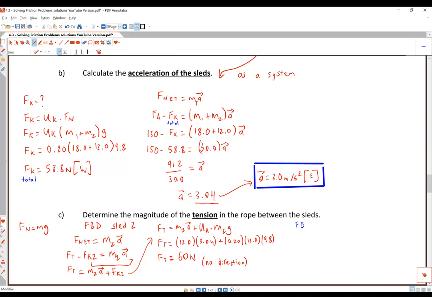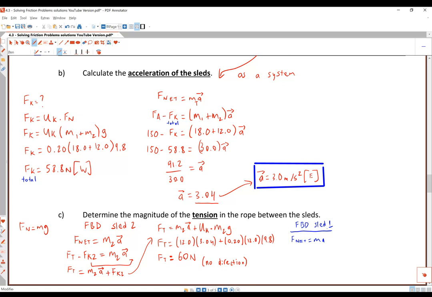So let's do a free body diagram of sled 1. So F net force is equal to mass times acceleration.